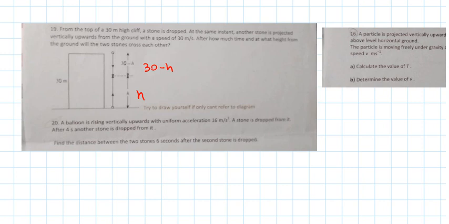So we have to go for s equals ut plus half at square. What is s for the first one? 30 minus h equals 0 plus half g t square.